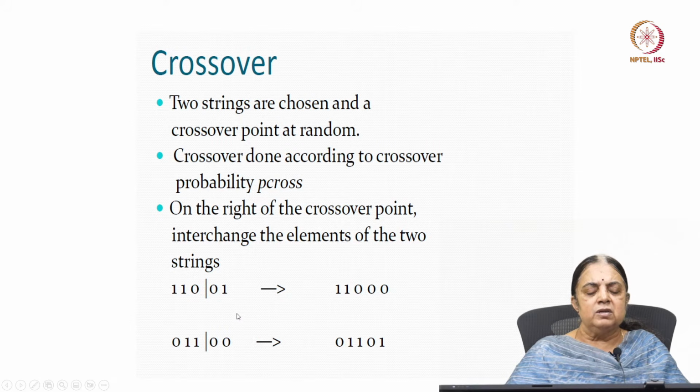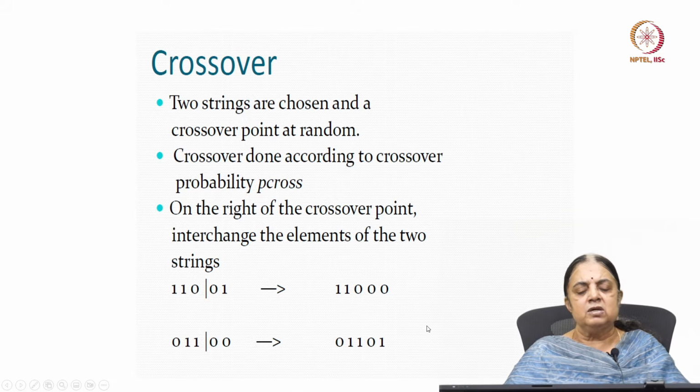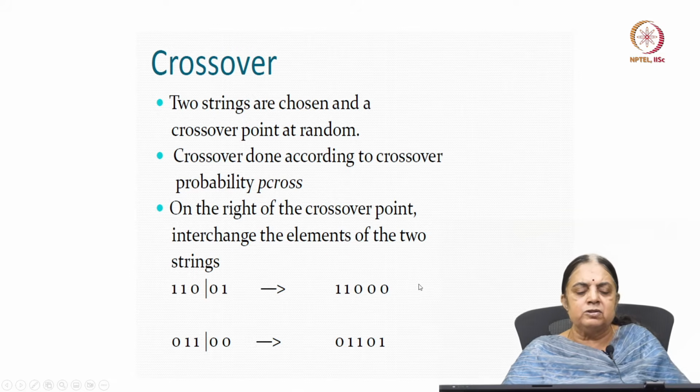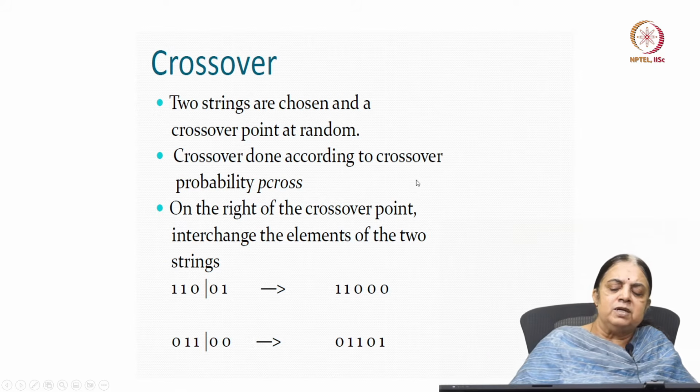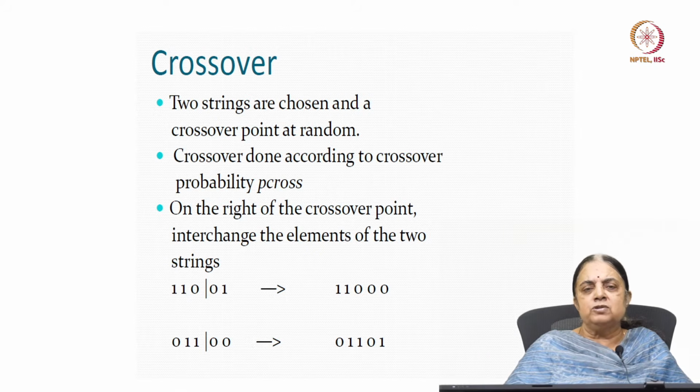They are swapped. So these two are brought here and these two go up and you get these as the new strings. So on the right of the crossover point, you interchange the elements of the two strings. This is known as the single point crossover.